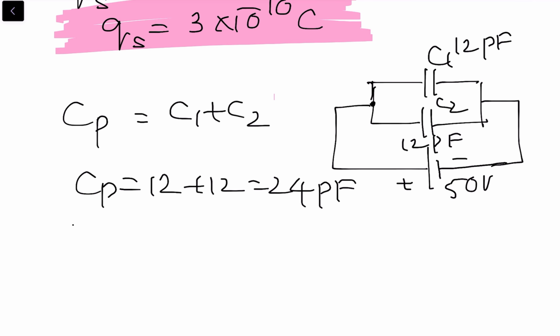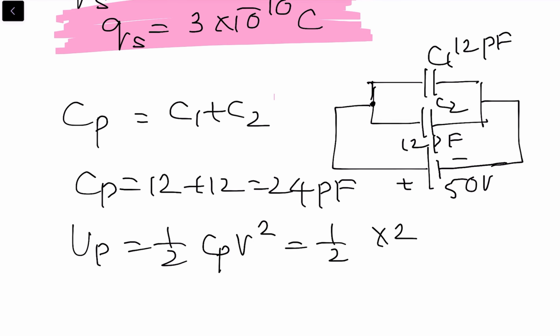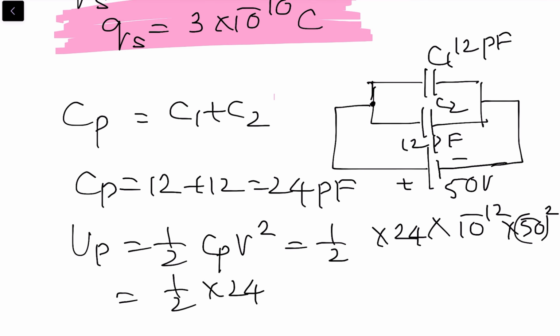Then energy UP is equal to half CPV square. That is half into 24 into 10 to the power of minus 12 into 50 square.